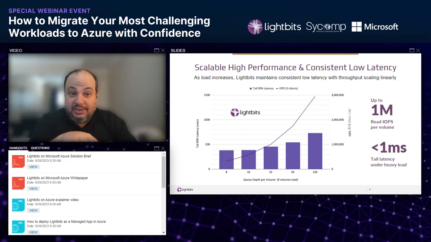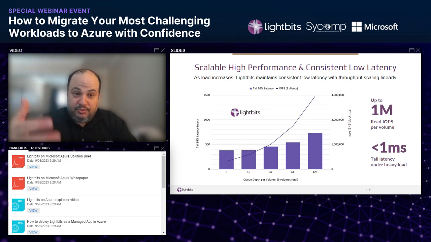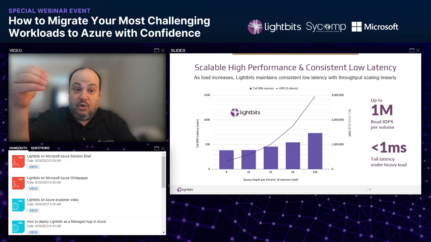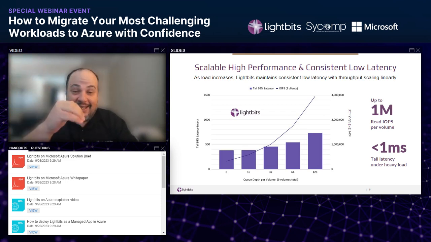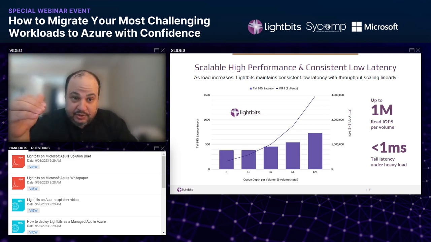The load is what you see on the x-axis. It's based on queue depth. So as you increase the queue, the load increases. You see in the line, the IOPS scaling as you push more load, starting from 500,000 IOPS up to almost 3 million IOPS. And you can see in the bars, the latency.